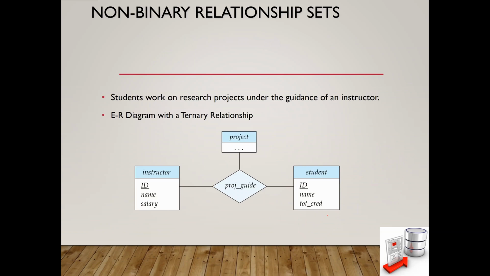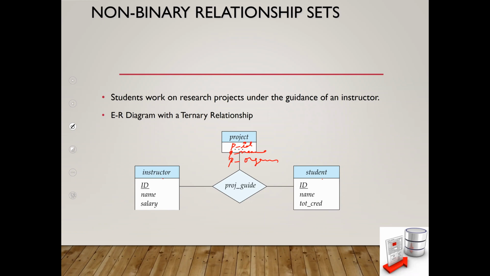Non-binary. Okay, look here. The same thing which we saw earlier: instructor, student. Now, you have one more entity. Let's say you have an entity called project. The project will have a project ID, a project name, project organization, and so on.